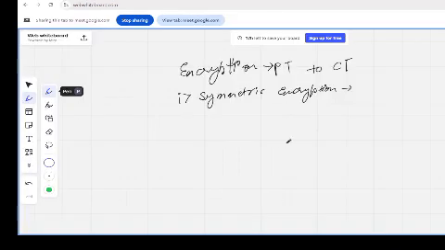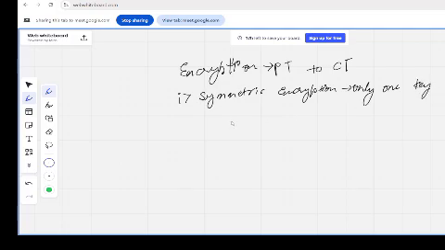Okay, no problem. Symmetric encryption is the process of converting plain text into ciphertext using the same key, only the same key, for encryption and for decryption also. So we can say that symmetric encryption uses only one key.